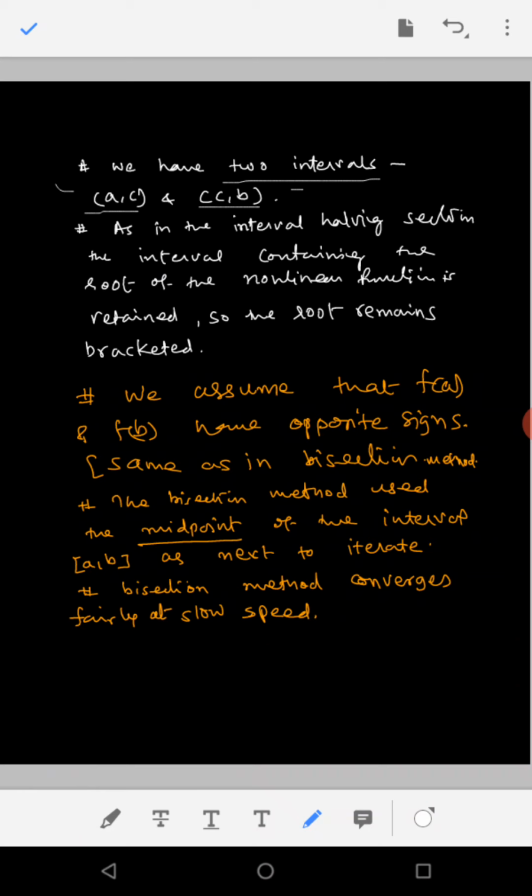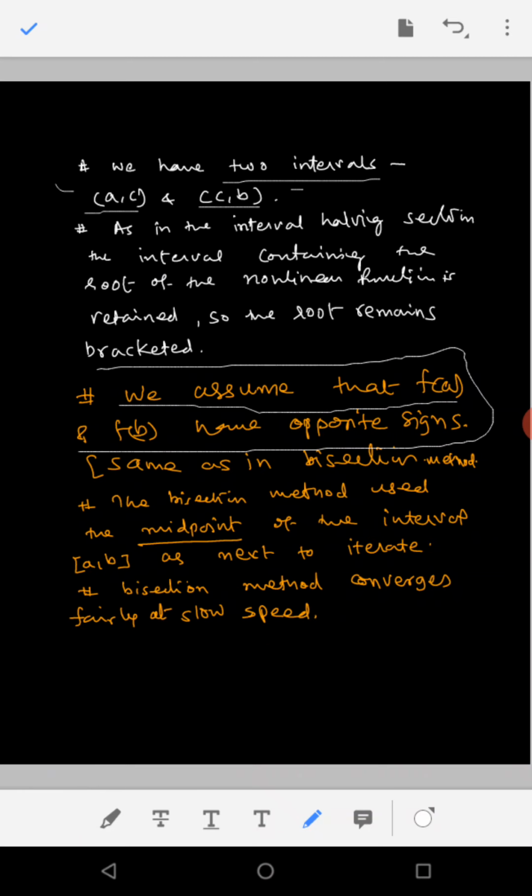We assume that, just like in the bisection method, the function values f(a) and f(b) have opposite signs. This is important. We have seen this in the bisection method also.